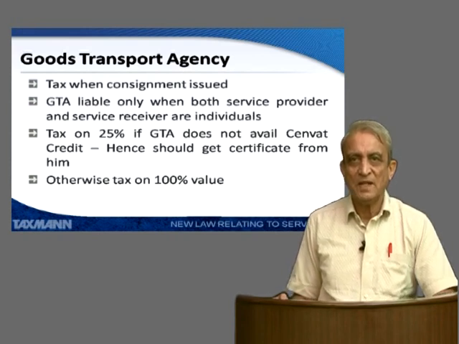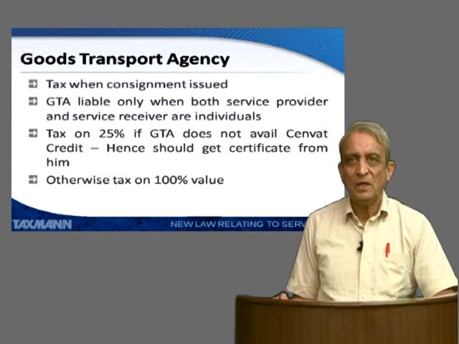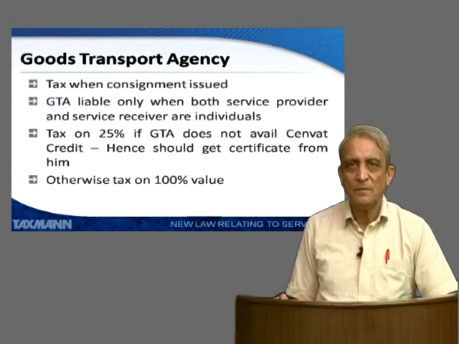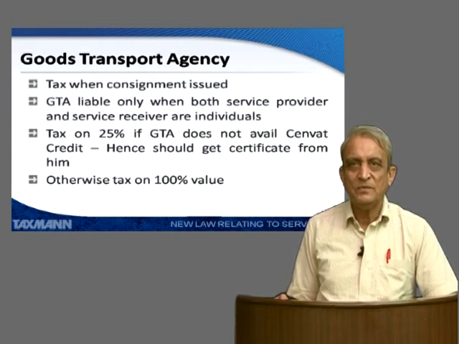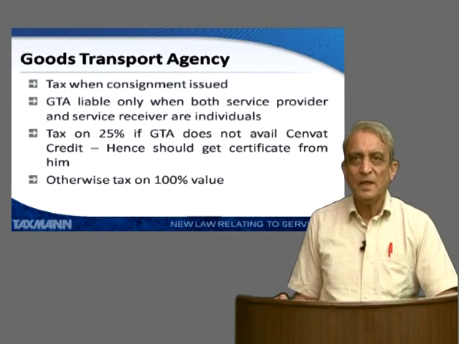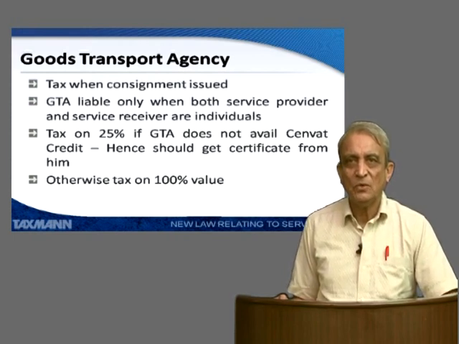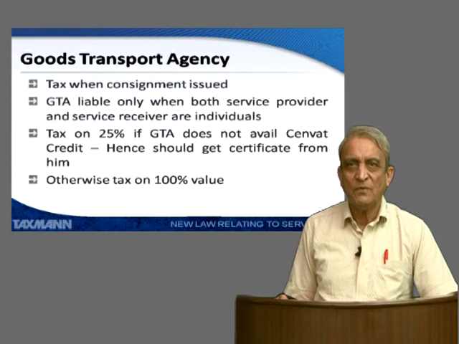of any reverse charge because they do not issue any consignment note. The question of reverse charge applies only in case of GTA, that is, when they issue a consignment note, and in the words of the finance minister, the service tax is on booking agents.